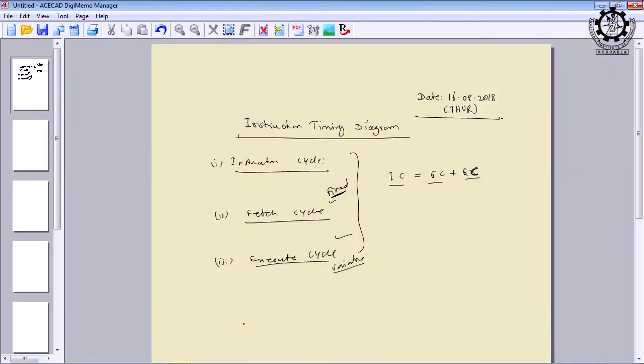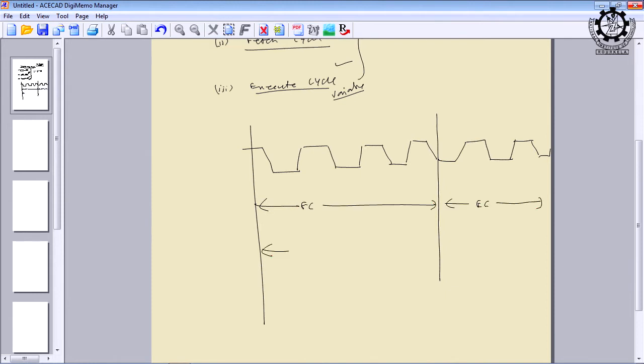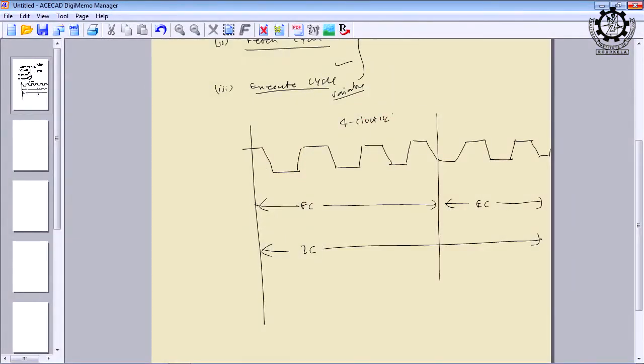So, we can show the fetch cycle with the help of a number of clock periods. Is it okay? If I say that the fetch cycle consists of a few clock periods, most often in 8085 the first byte of the opcode will take 4 clock cycles usually, but not always true. But in more than 90% of instructions, the first byte of the opcode will take exactly 4 clock cycles, which is fixed, right.